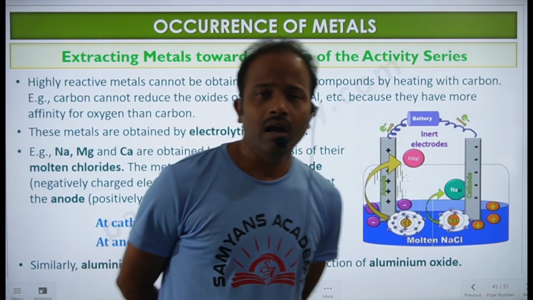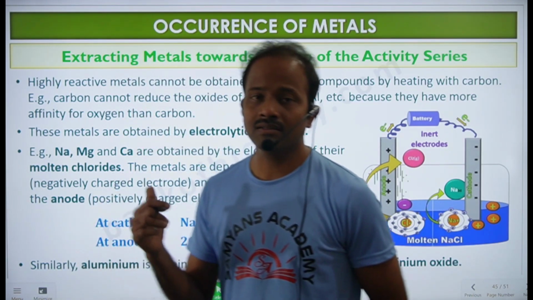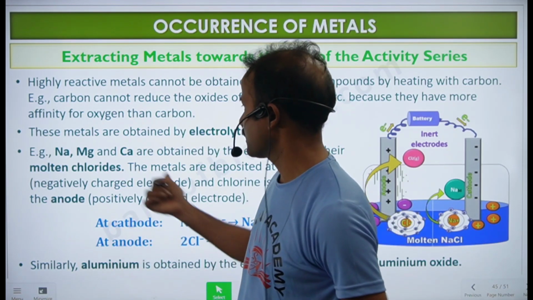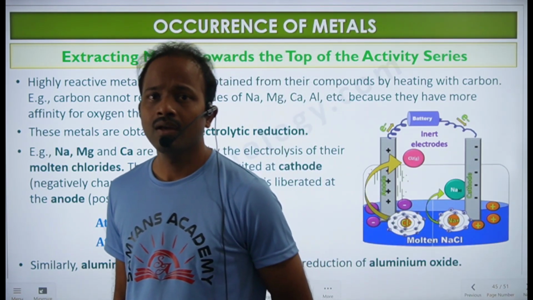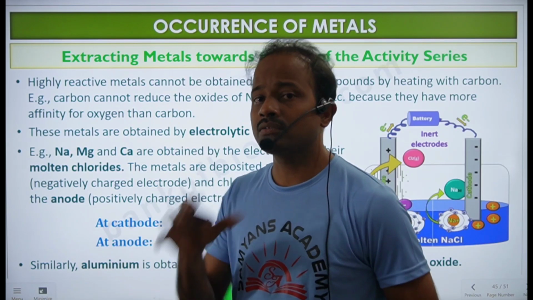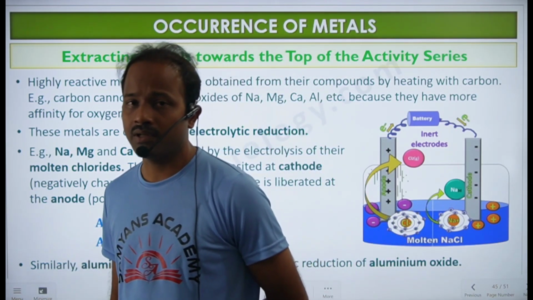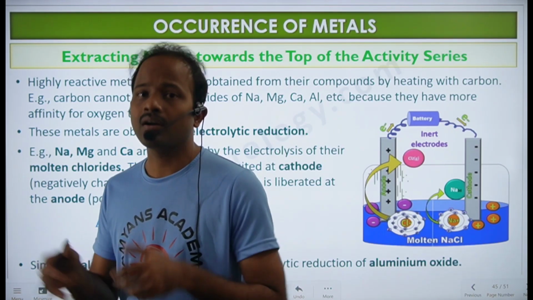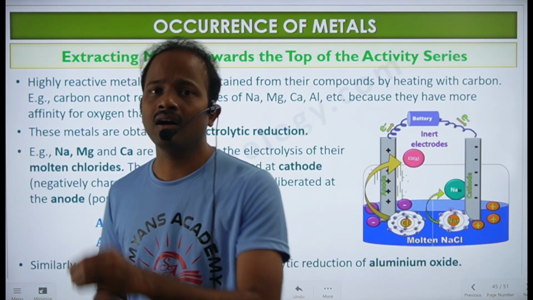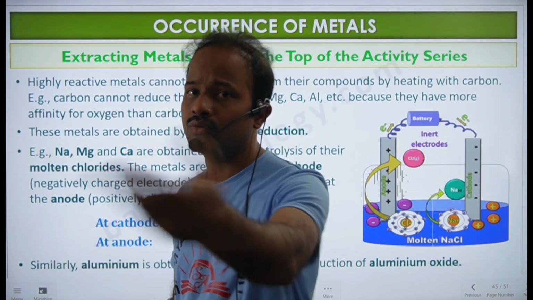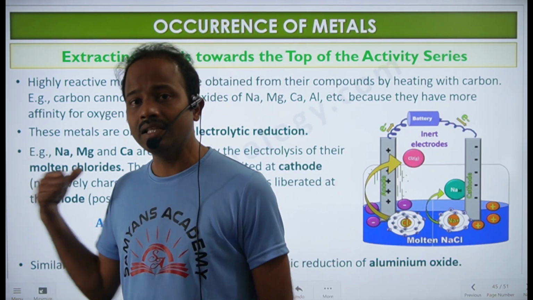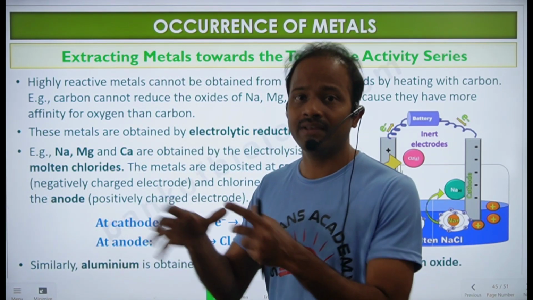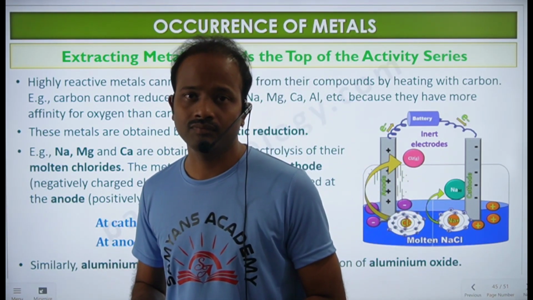These metals are highly reactive in nature, and they don't want to leave the oxygen in their compounds. When you add the carbon, they won't give their oxygen to the carbon, because these metals have more affinity towards oxygen, right?